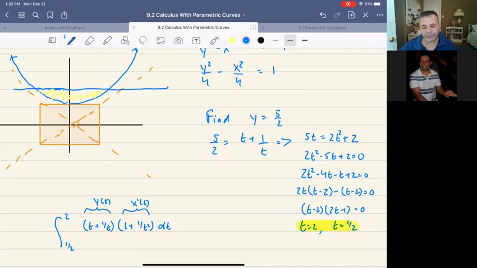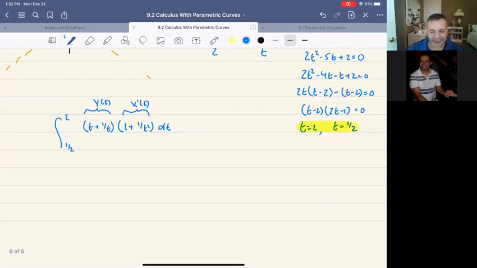That's not a crazy integral, I don't think. Oh, it is, but you can do it not so bad. So I guess I will do this integral.